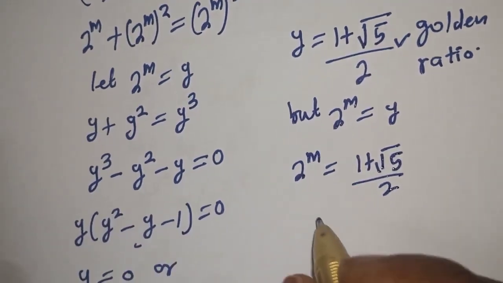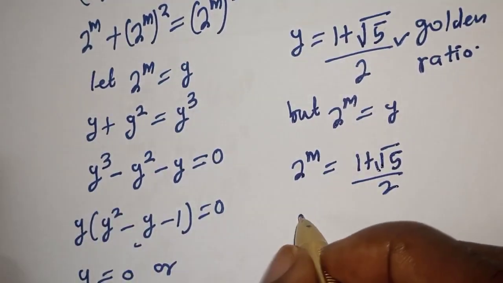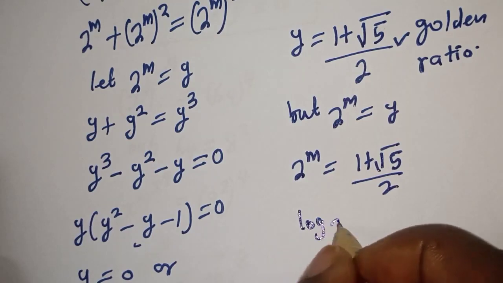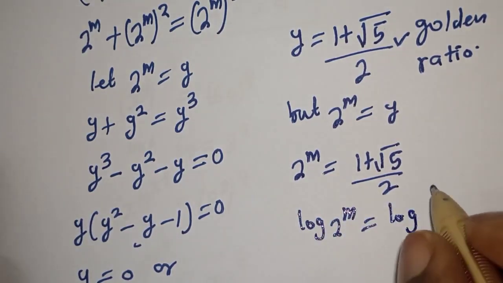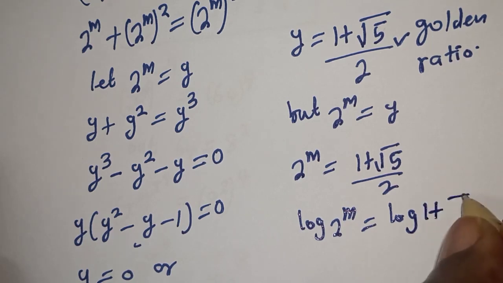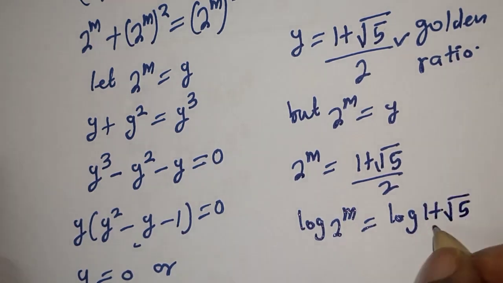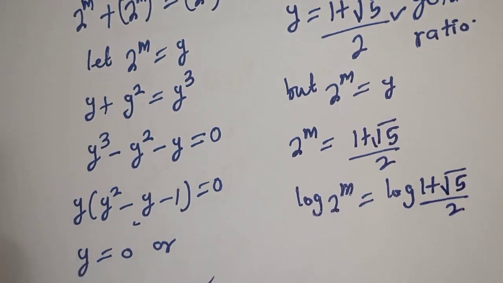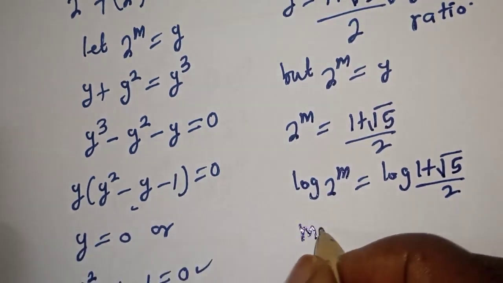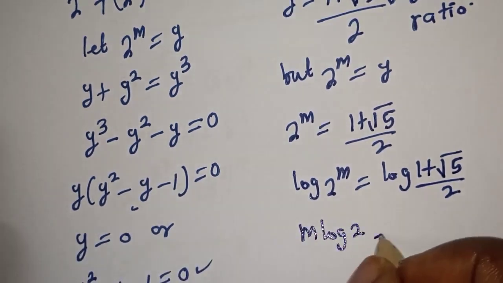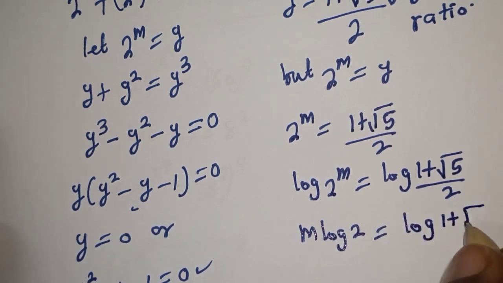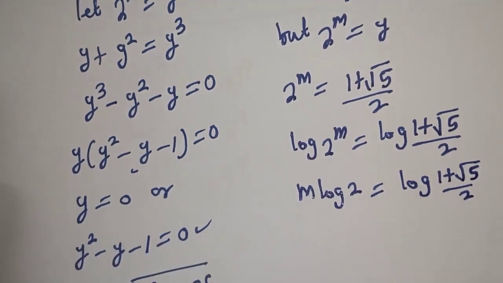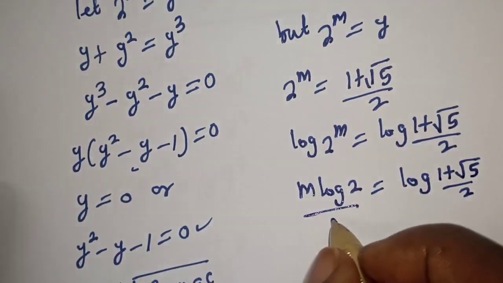Let's take the log of both sides. Log 2 raised to power m is equal to log of 1 plus square root of 5 over 2. m log 2 is equal to log of 1 plus square root of 5 over 2. Let's divide both sides by log 2.